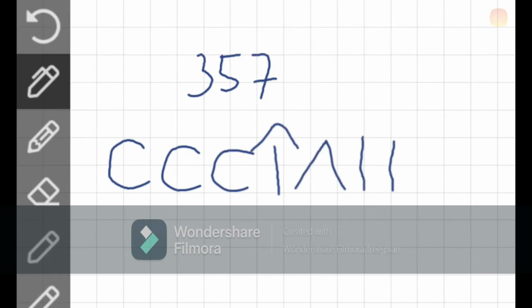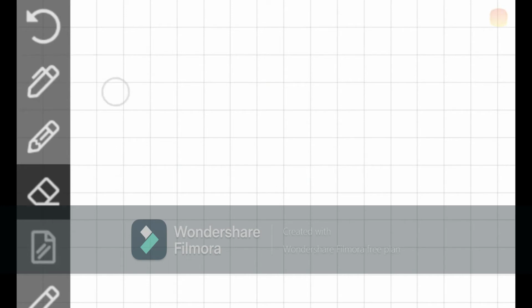So that's it, the symbols for 357. 3 symbols for 100, 1 symbol for 50, 1 symbol for 5, and 2 symbols for 1, making it 357.